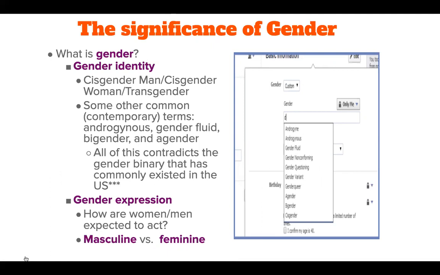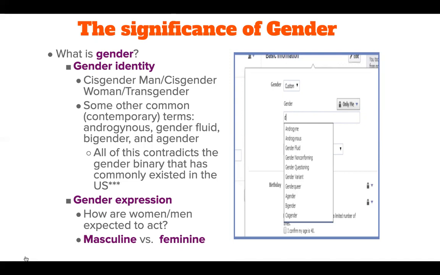But in the United States, especially before a good 10, 15 years ago, it really was a very strict binary. You had your biological sex, male or female, and it was supposed to align with how you saw yourself in terms of the socially available definitions. You were a man or you were a woman.